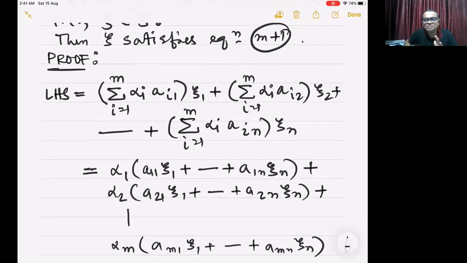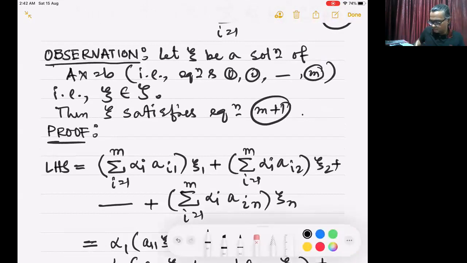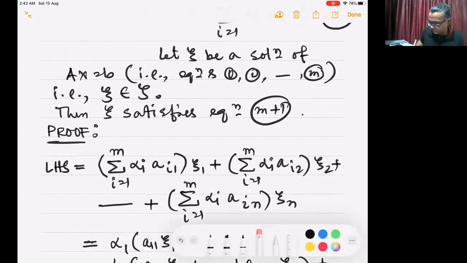If Xi is a solution of the original equations, then it also satisfies the linear combination. So not so profound. Such a thing is called a lemma. So in this case, we are completely justified in calling this a lemma.